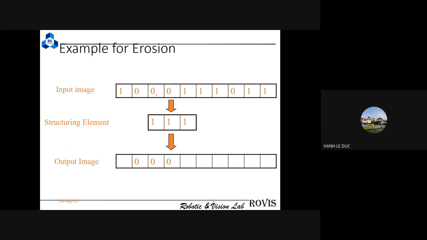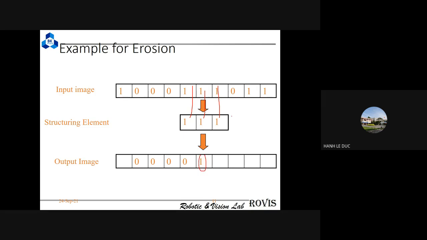Why? Because I have a difference. And how about this one? Two are the same, but the rest is different, so the result is still 0. And the next one is 1. Why? Because 1 and 1 is 1.